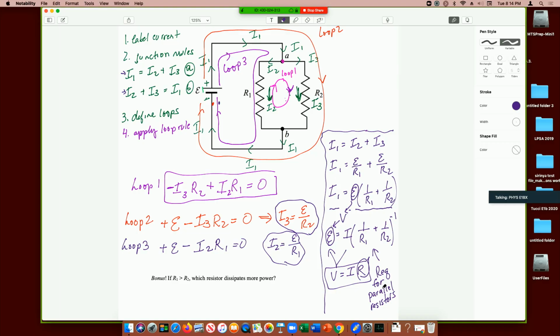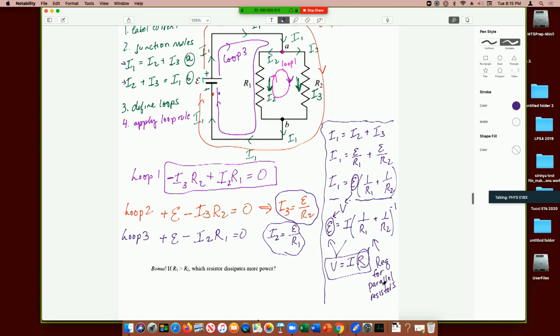This is two resistors in parallel. So that should be reassuring to you.